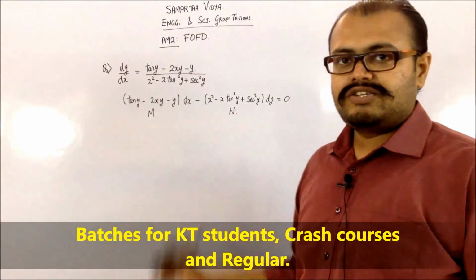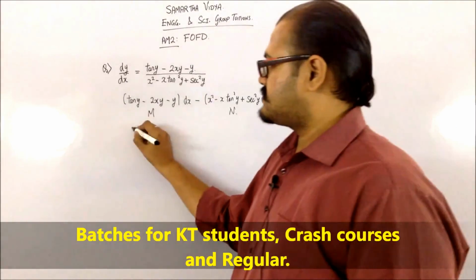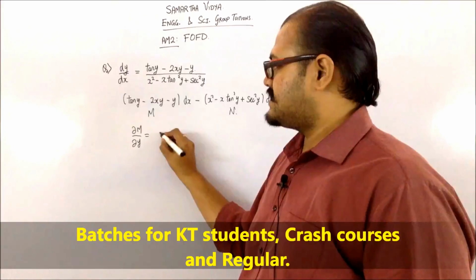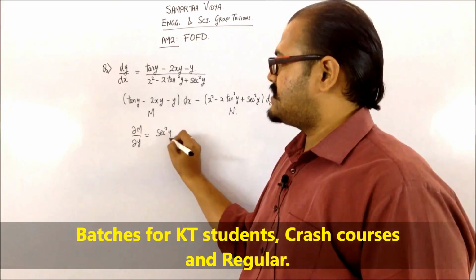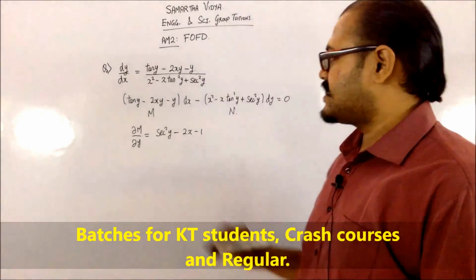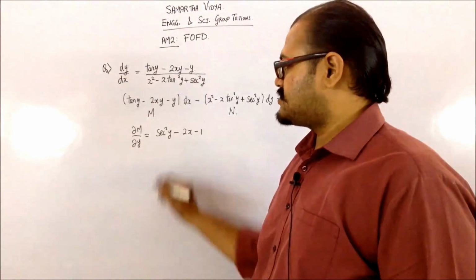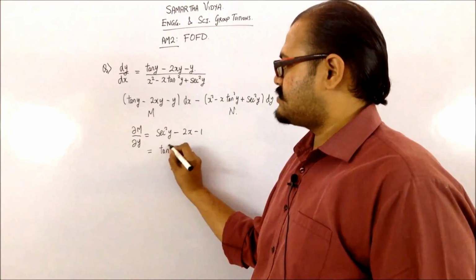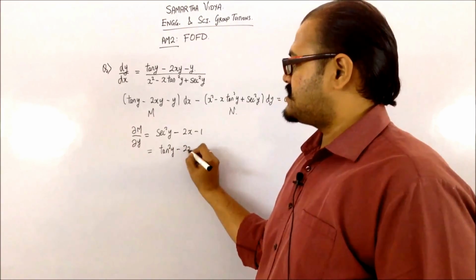So we'll be finding your dou m by dou y. You'll be getting sec square y minus 2x minus 1, which you can reduce down, since sec square y minus 1 is nothing but tan square y, to tan square y minus 2x.